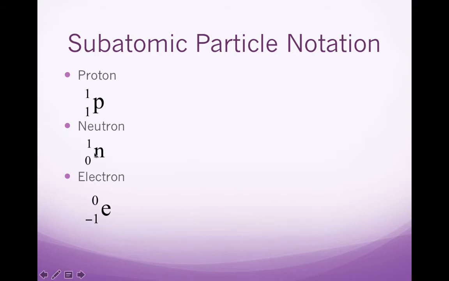For a neutron, it should have an atomic number of 0, because remember that's the number of protons, and then it should have a mass number of 1 because this is the number of neutrons plus the number of protons. And then finally for an electron, it has a mass number of 0. Remember, it has no neutrons and no protons, so it's 0. And then we put down here -1 because of the charge.